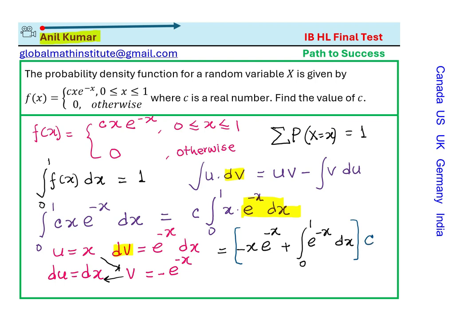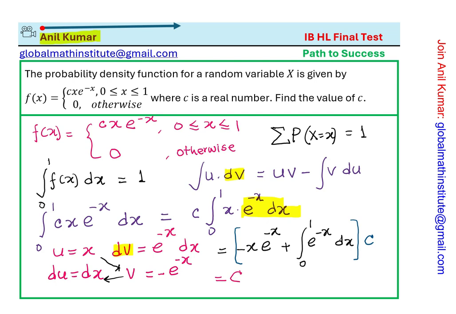Now the integral of e to the power of minus x dx is very simple, so it's a very easy expression to work with. So what do you get here? Let's keep c outside.